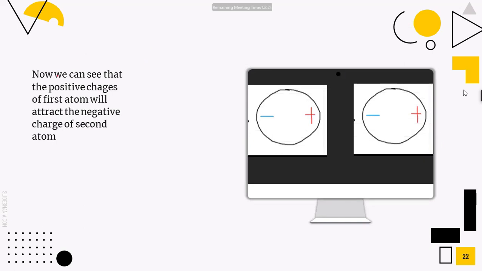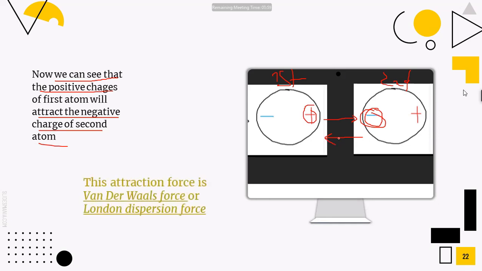Now we can see that the positive charge of the first atom will attract the negative charge of the second atom, and the negative charge of the second atom also attracts the first atom. This attraction force, following Newton's universal gravitation-like law, is also called the van der Waals force or the London dispersion force.